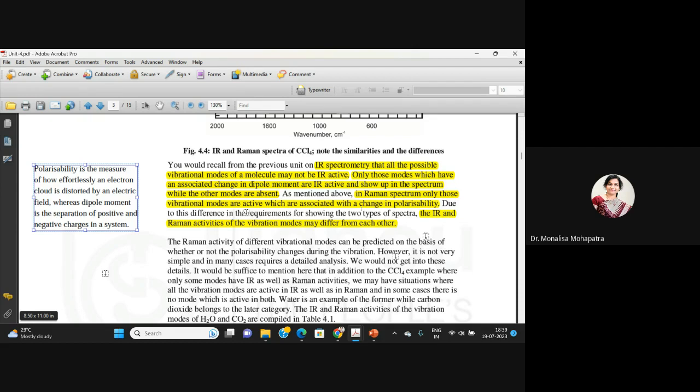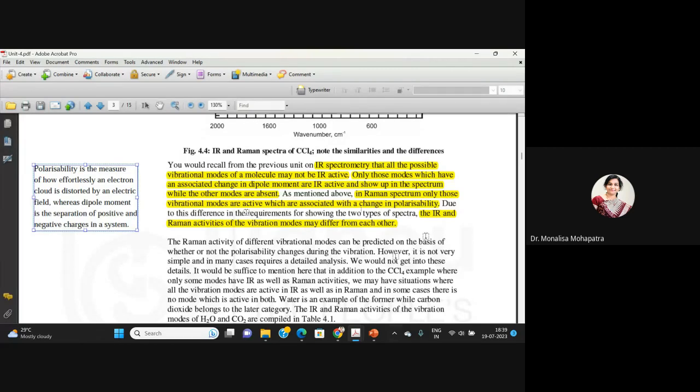The electron cloud is polarizing towards this end or that end, getting distorted by the radiation falling on it. Whereas the dipole moment is the separation of positive and negative charge in a system. It is a separation of charge, so it results in a change in dipole moment.